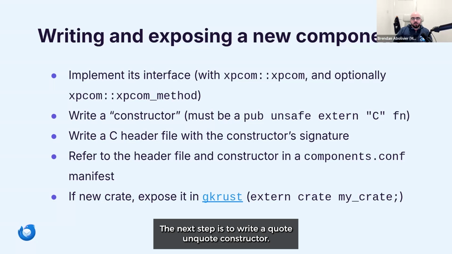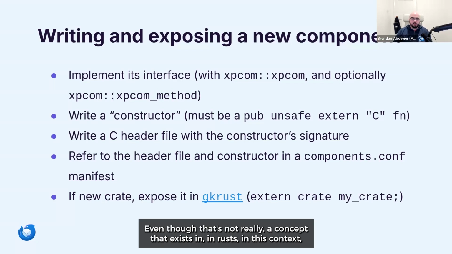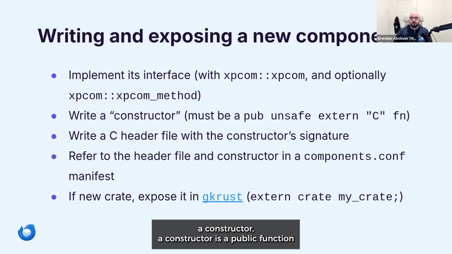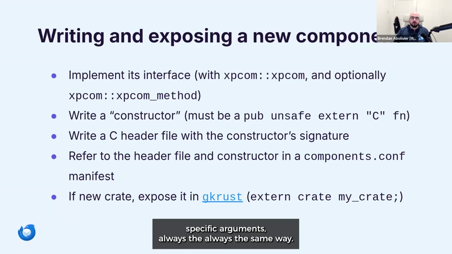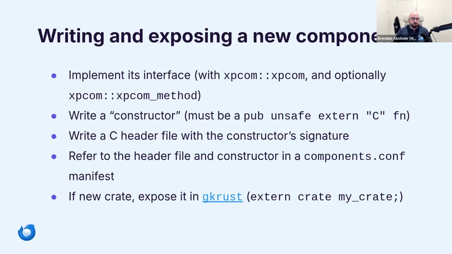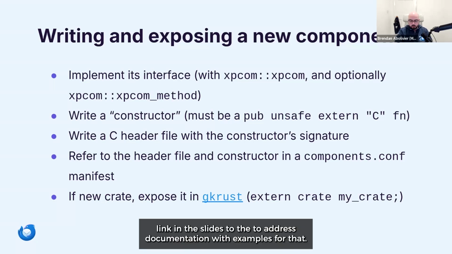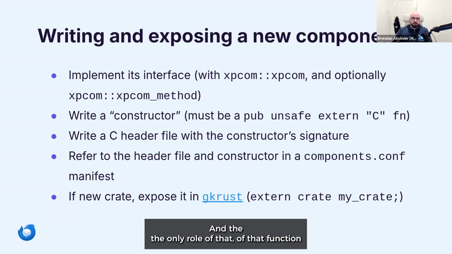The next step is to write a quote-unquote constructor, even though that's not really a concept that exists in Rust. In this context, a constructor is a public function that will receive some XPCOM specific arguments, always the same. There's a link in the slides to our Rust documentation with examples for that. The only role of that function will be to create an instance of your structure.